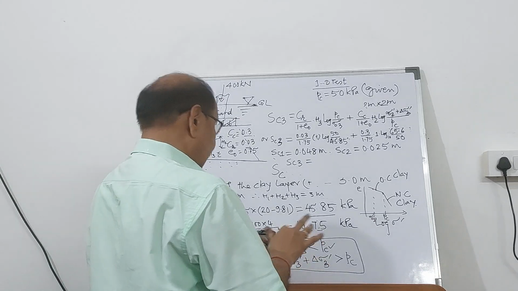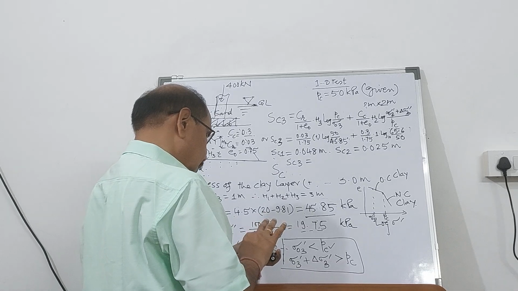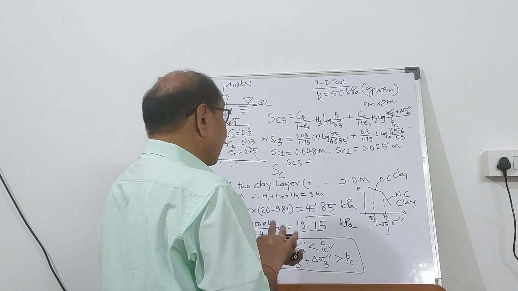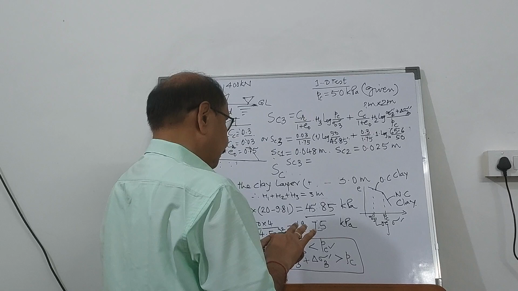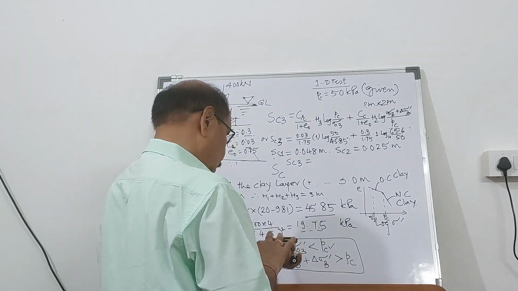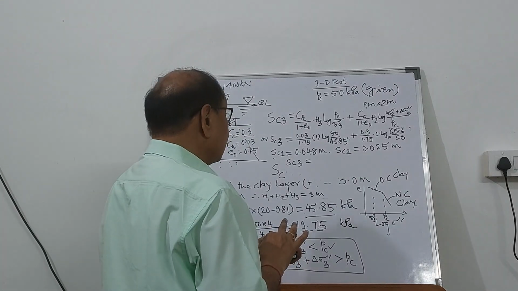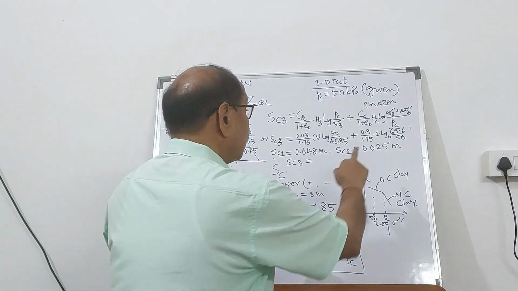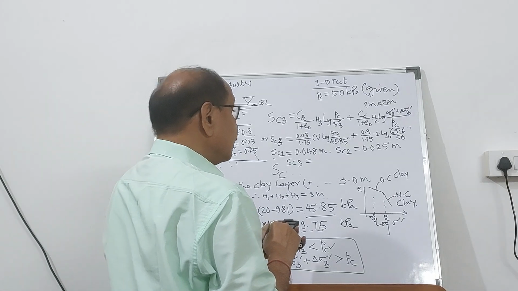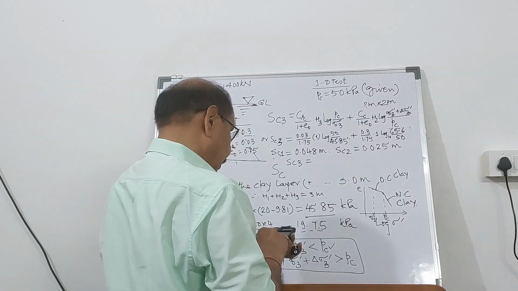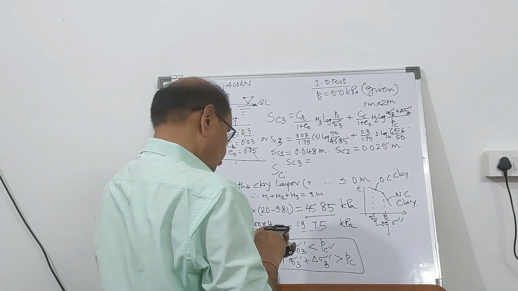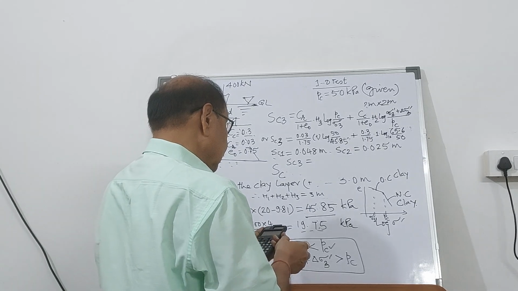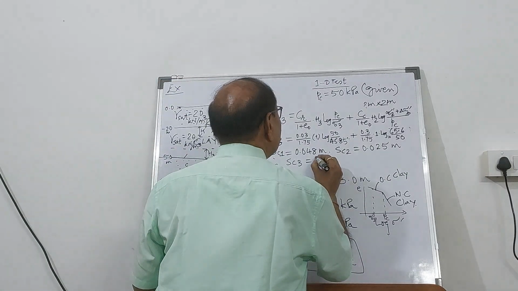So let us calculate log of 50 divided by 45.85, and 65.6 divided by 50. SC3 is 0.20.